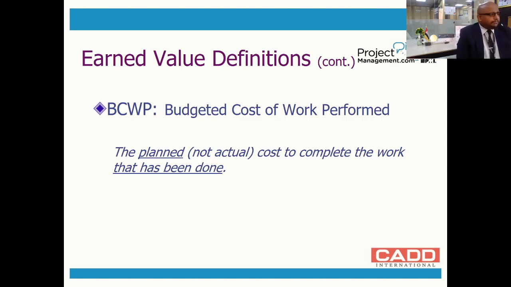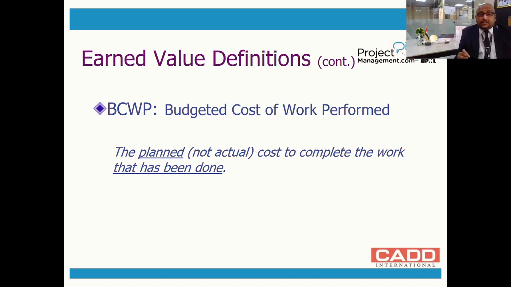And here comes the most important and essential definition, which defines the further things: the budgeted cost of work performed, or the earned value. Here I am not talking about the actual cost. I am talking about the planned cost to complete the work that has been done.